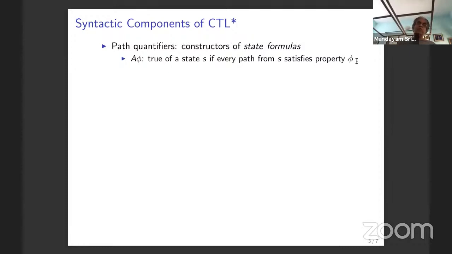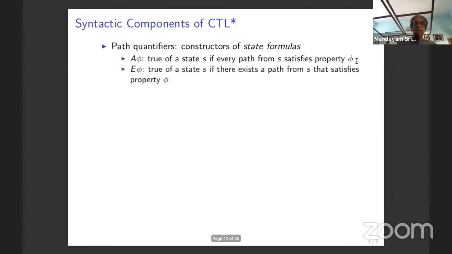A path formula is true or false of a path. Similarly, E phi is a state formula. It is true of a state S if there exists a path from S that satisfies the path formula phi.